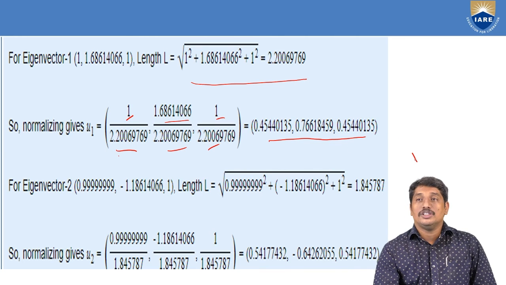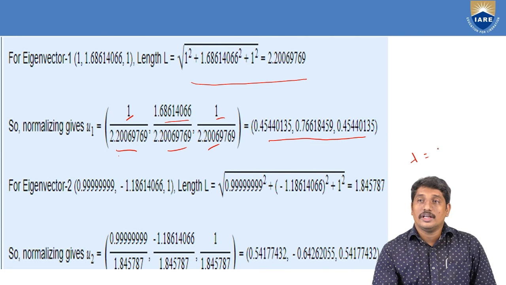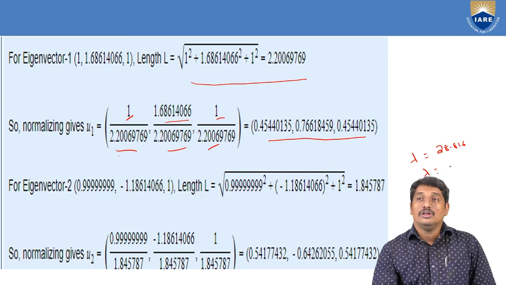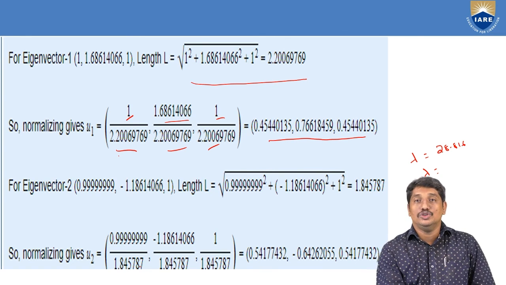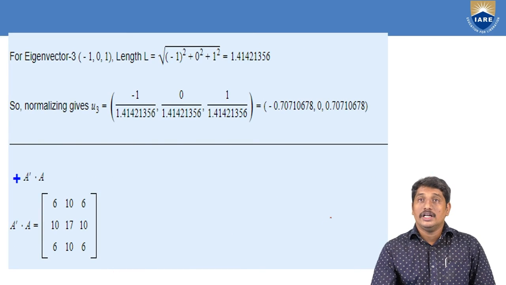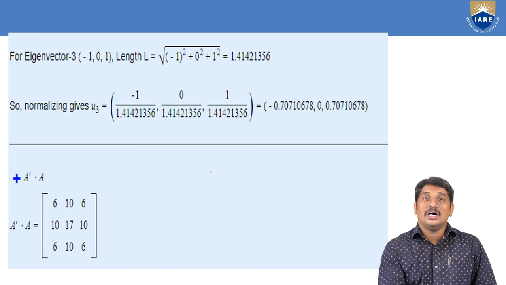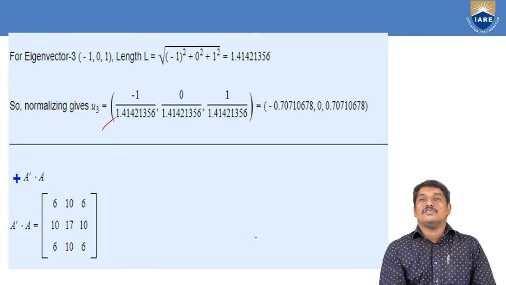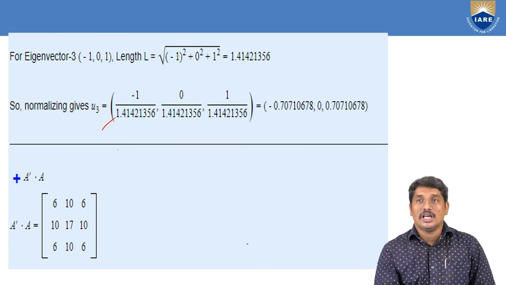Similarly, for the two other eigenvalues, 28.816 and the other eigenvalue, we get eigenvectors u2 and u3 like this. This is u2 corresponding to the eigenvalue 28.816, and this is the eigenvector u3 corresponding to the third eigenvalue. In that way we can calculate.